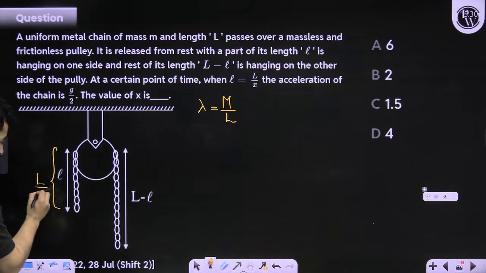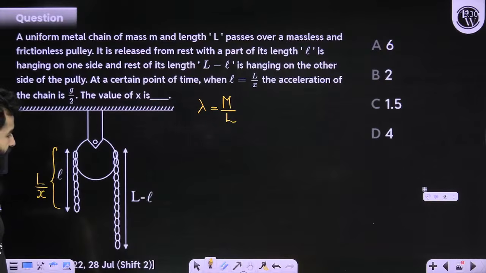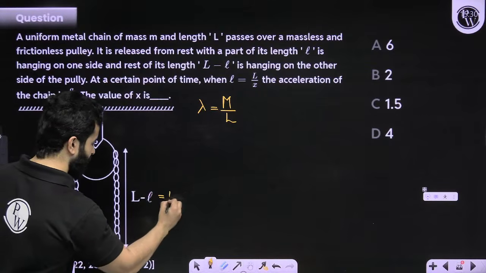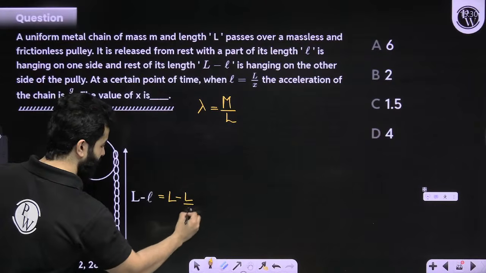Fine. So this length will be L minus L by x.